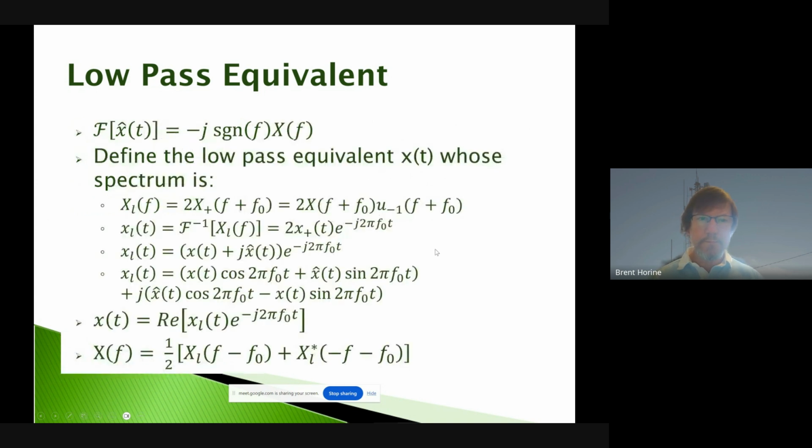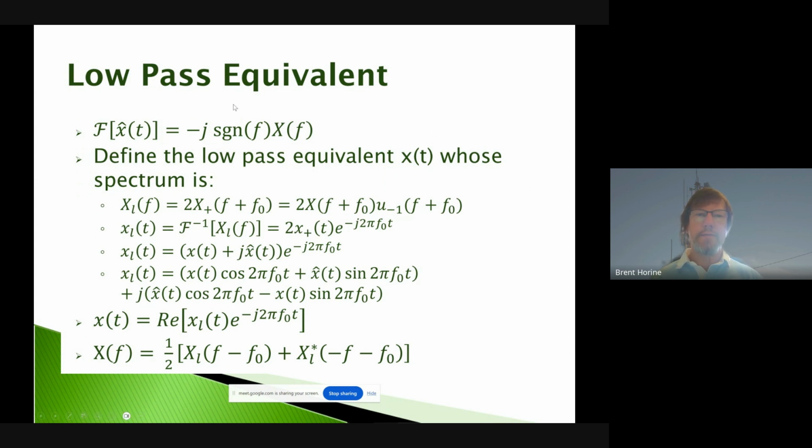Now we get even messier here. So I'm going to tell you right off, I'm not worried about you knowing all this math, right?